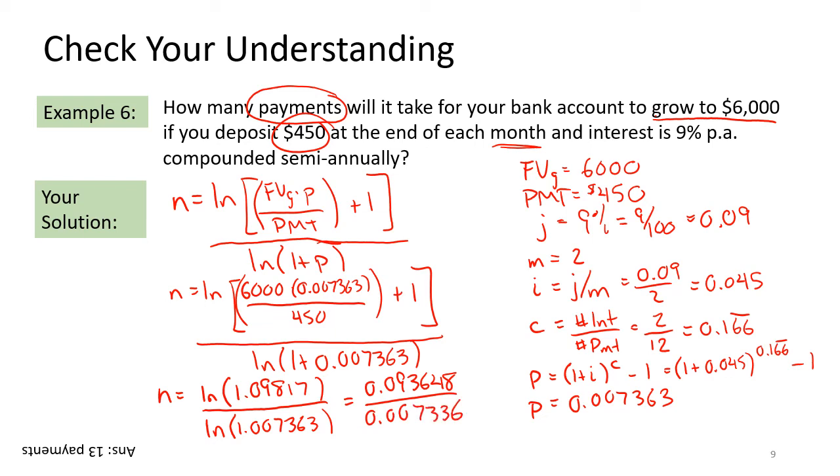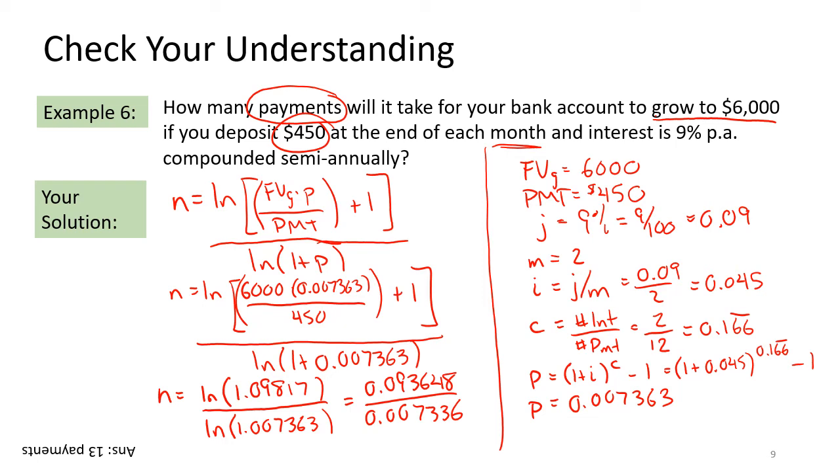0.007336. I did notice on your test a lot of you showed all of these steps, which is great. If you run out of time in a test and you don't show every step where you're doing individual numbers, that's okay. I still need you to show everything on this right-hand side, but if you skip a step within the calculation, it's okay. It does make it harder to do part marks.